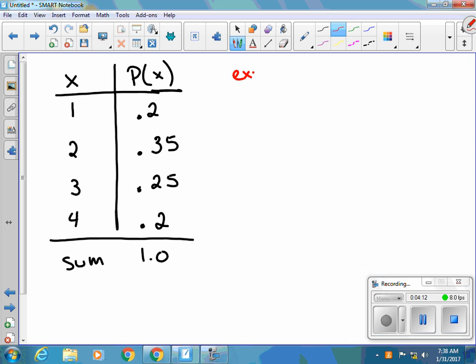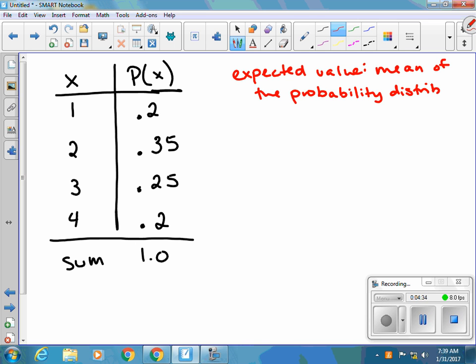Okay, so an expected value is the mean of the probability distribution. And there's the fancy formula in order to find that expected mean. This is what we call mu. It's the Greek letter.